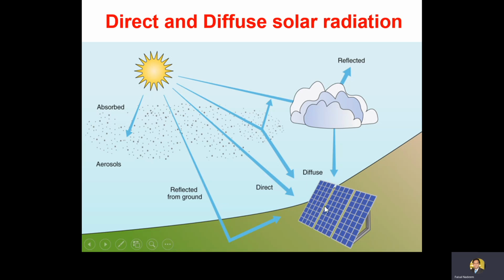After diffusing, it reaches the receiver. And the third form is the reflected radiation, which touches the ground and, after reflection from the ground, reflects back to the solar receiver. So these are the three different types of irradiance that we receive on our solar receivers.